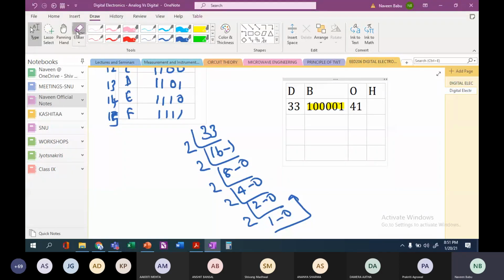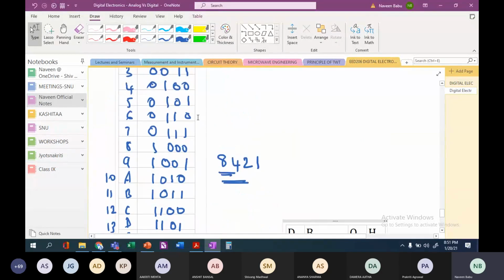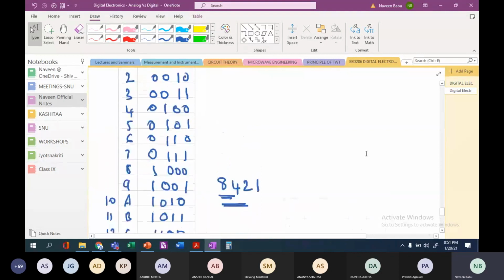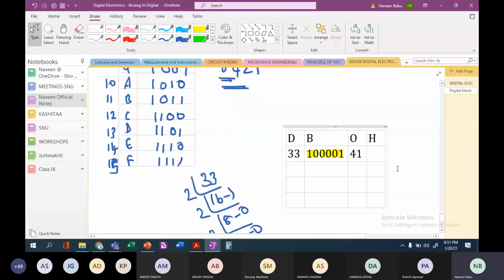Now for hexadecimal values, all I need to do is combine this into 4 bits. So these 4 will be combined and there is 2 and remaining 2 zeros I will pad up. So my answer here for hexadecimal equivalent will be 0010, which corresponds to 2, and 0001 corresponds to 1.